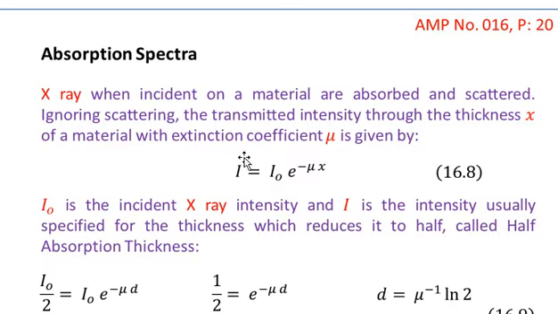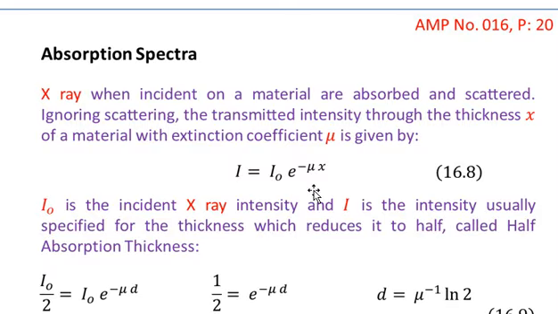And I on the left hand side is the intensity when the X-rays have traveled a distance x in the material. And mu is the extinction coefficient of the material, due to which the intensity of the X-rays will decay.